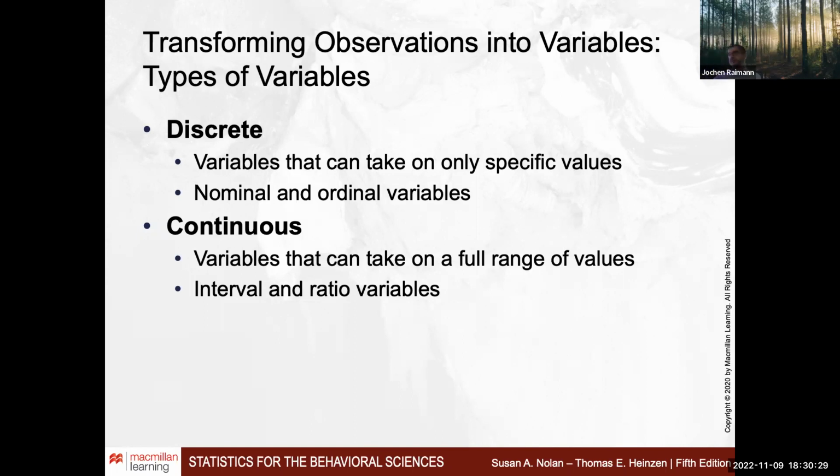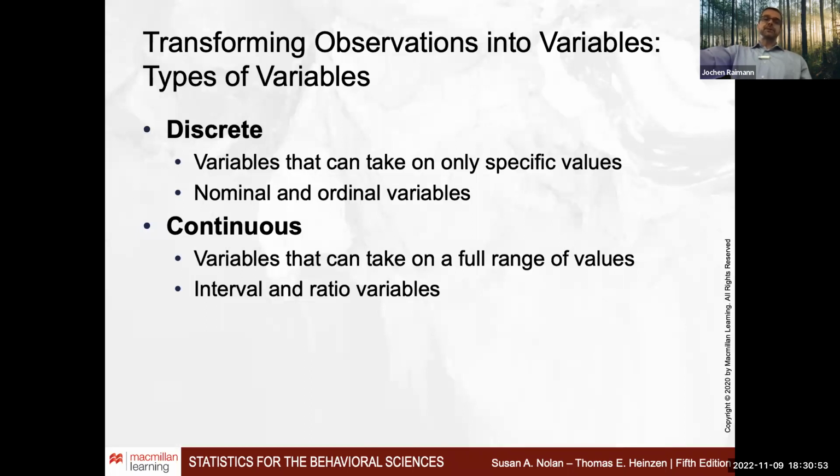Nominal variables are basically names, like the example of countries for the volcanoes. Then you have ordinal variables, where some rank and order is involved in the variable per se.